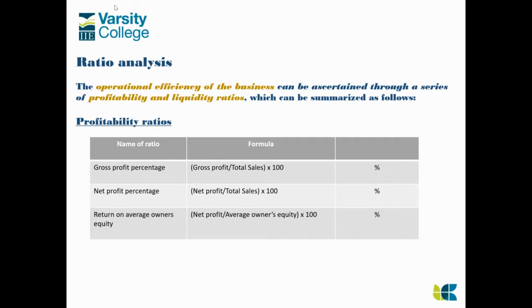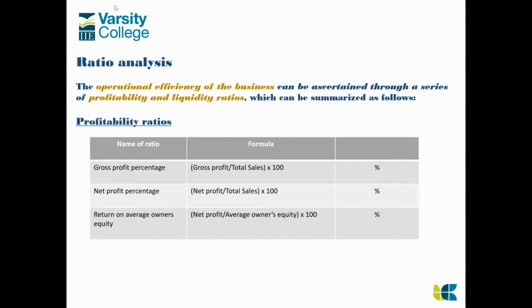Okay. Return on average owner's equity. We know that net profit is the return that we give to shareholders, the people who own the business. So net profit has to be involved in this formula, divided by the average equity that each shareholder has. What is the average owner's equity?